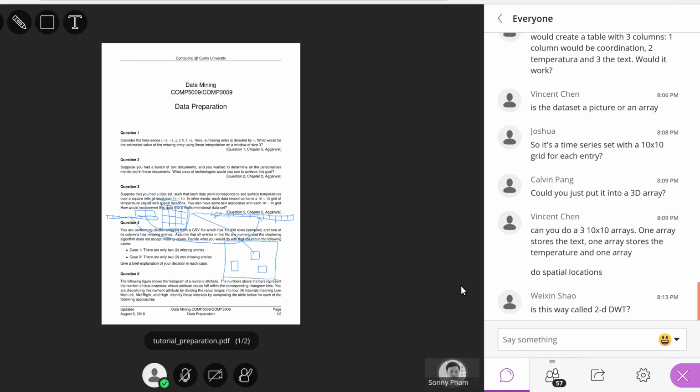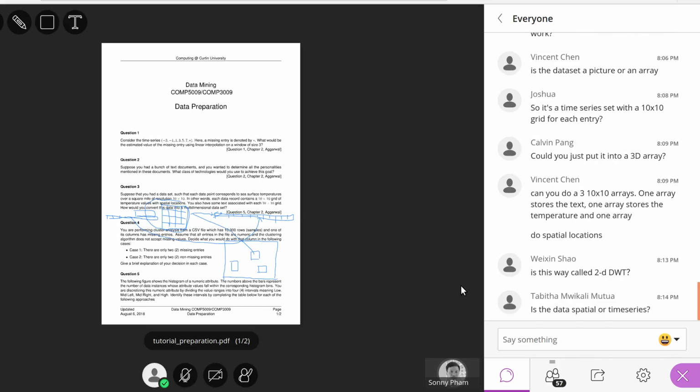So if you look for the discrete Weber transform, for example, on Wikipedia, there's an example of that in the image processing context. We encode an image using a 2D transform, and this is one way to do that. So you can imagine this is basically a picture, right? A 10 by 10 grid is a picture. What you are trying to capture is the Weber coefficients when applied to this little 10 by 10 image, right? And then you capture the coefficients and put them in an array or in a vector, right?